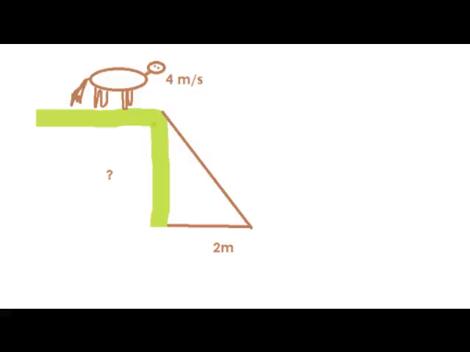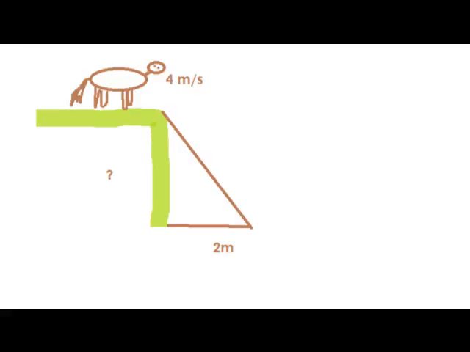We use the x-axis stuff to find time. Time equals delta x over the velocity of x. So that would be time equals 2 over 4. The time is 0.5 seconds.